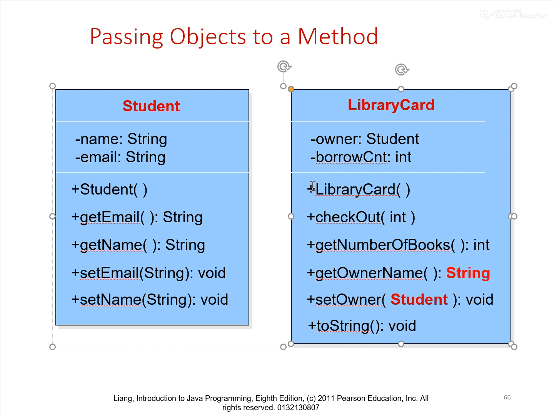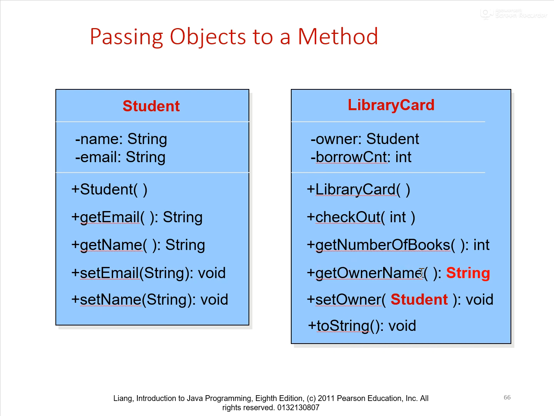And then we have a couple of methods according to this UML class diagram. The library card constructor, checkout, which is basically a method that will add the given number of books to the borrow count. Get number of books, which is a method that returns the value of borrow count, how many books that student has checked out.